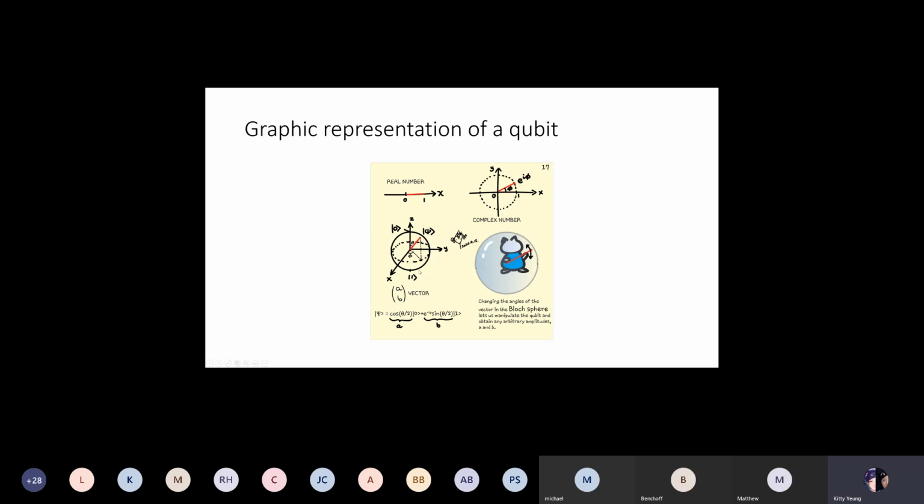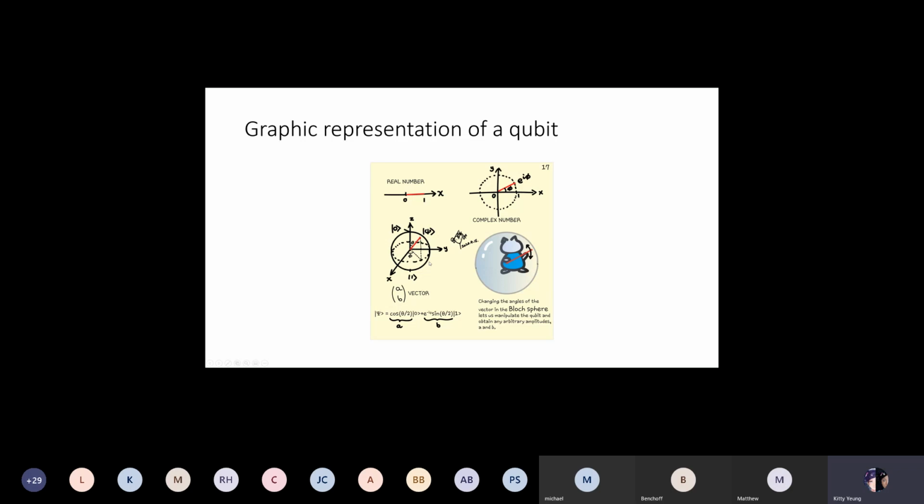Because it's in 3 dimensions on the sphere, A and B are just written in terms of these angles relative to your axis. All you need is basically two numbers. In fact, even though it is a 3-dimensional space, the surface of a sphere is 2 dimensions.